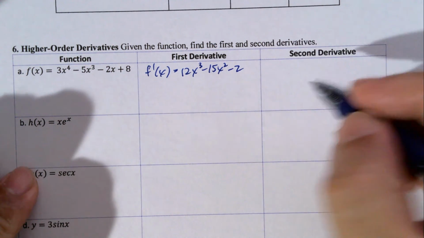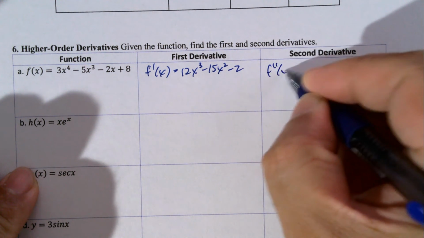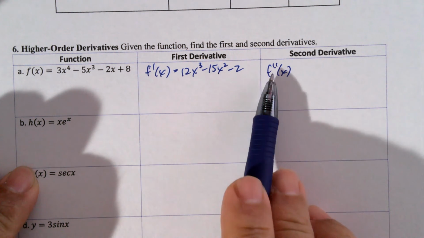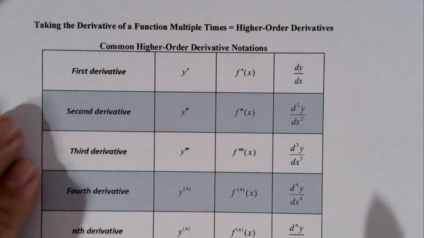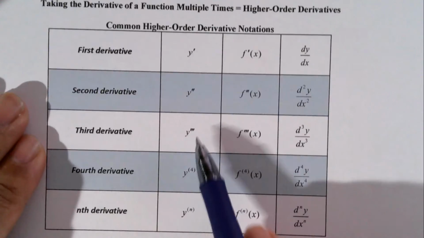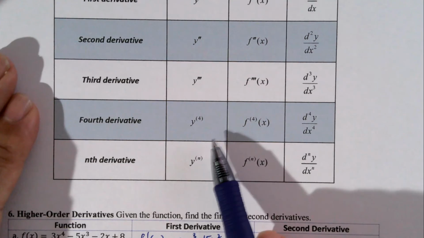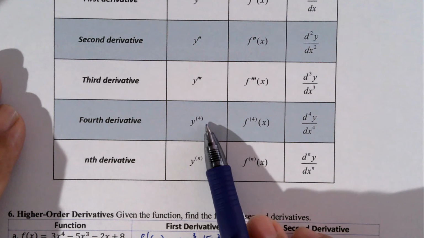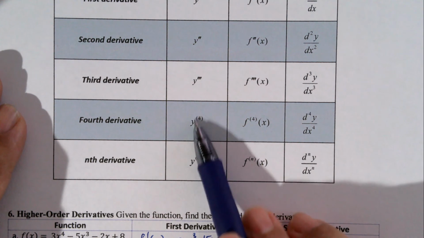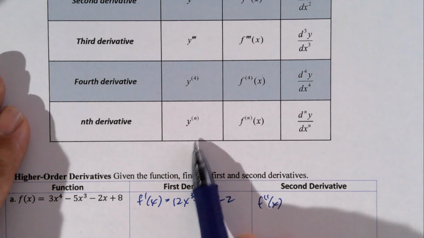Second derivative, that means you're just taking it again. The notation is, the first derivative is 1 apostrophe, second derivative is 2 apostrophes, and all that stuff is noted up here. 1 apostrophe, first derivative, 2 apostrophes, second derivative, 3 apostrophes, third derivative, 4. Don't do 4 apostrophes. I guess you could, but what we do is put the number in parentheses. So this means the fourth derivative, and so on.